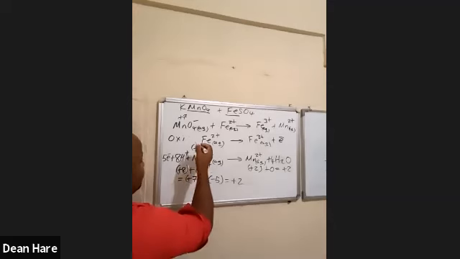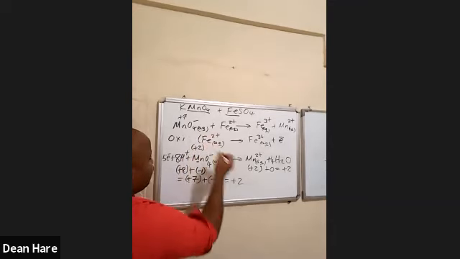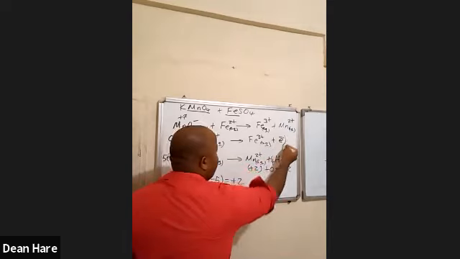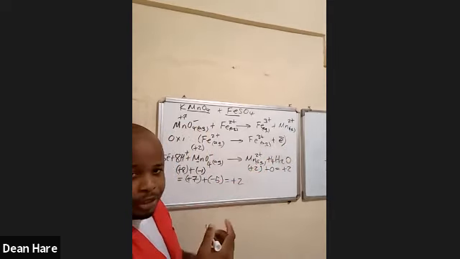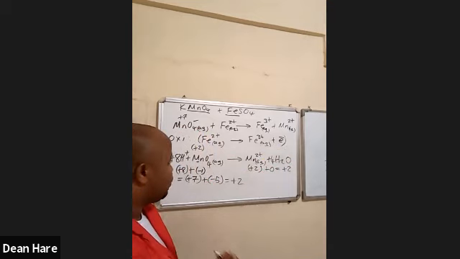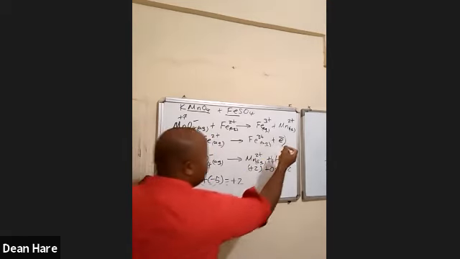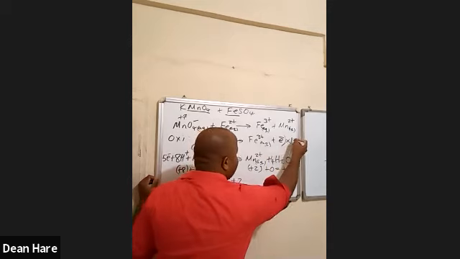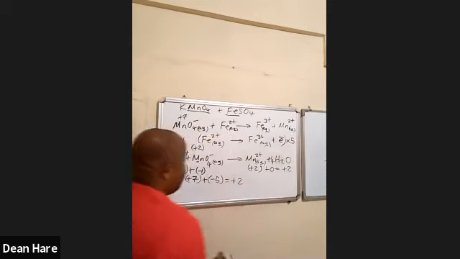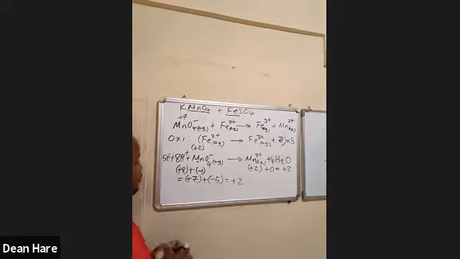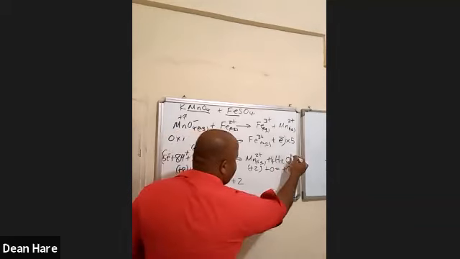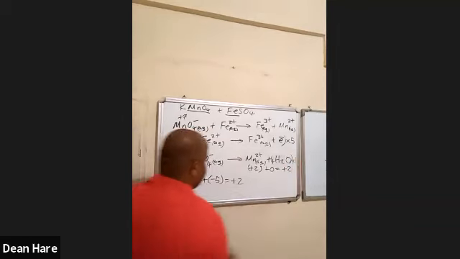All right, so we should multiply both equations by the lowest number possible that will make each set of electrons equal. So as the person said, multiply this one by 5. And what should we multiply this one by? 1. Right, that is correct. Multiply it by 1.